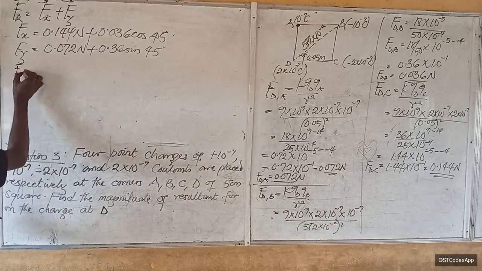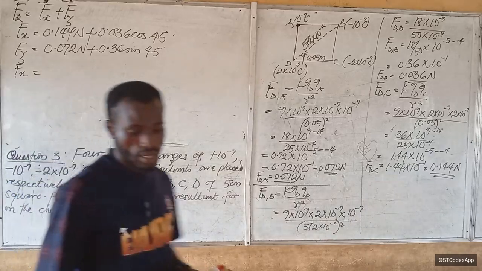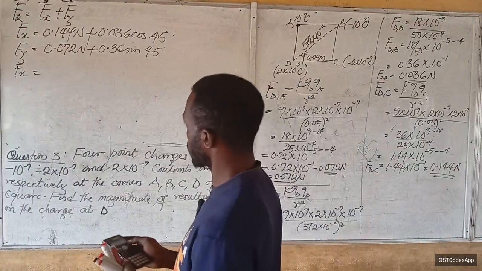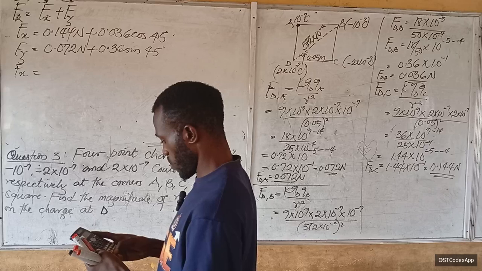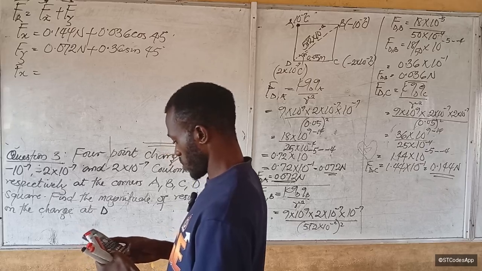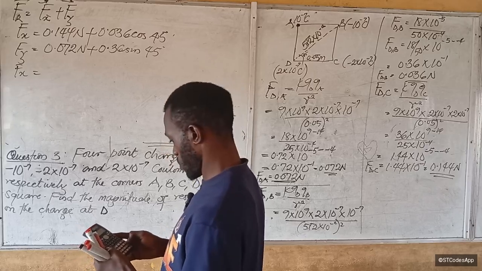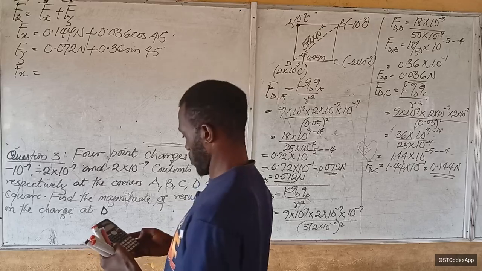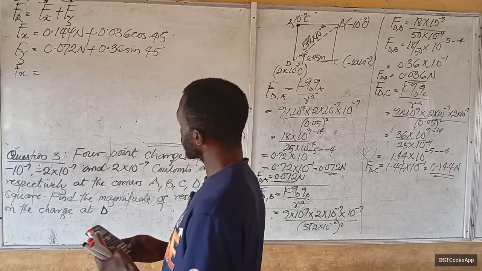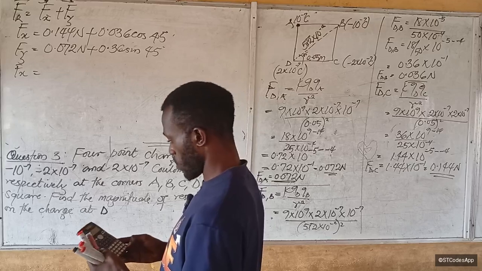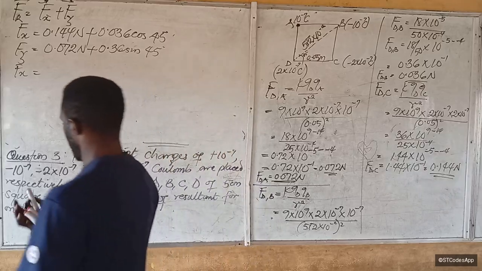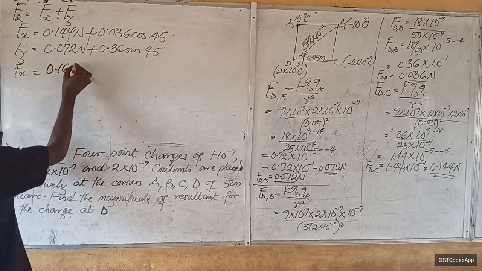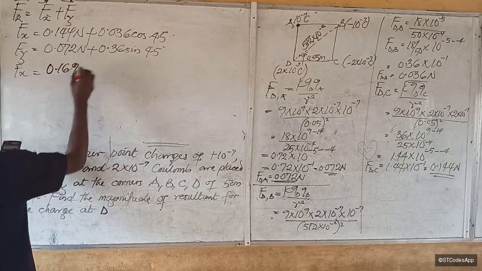So F sub x will be equal to, let's just use my calculator for that. Fx will be equal to 0.036 times cos 45, then plus 0.144. F sub x gives us 0.169.